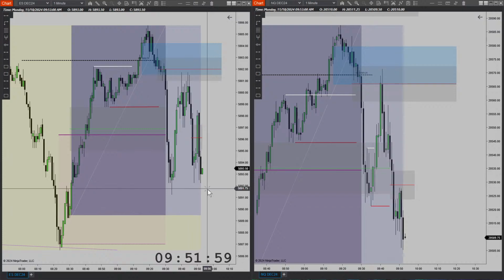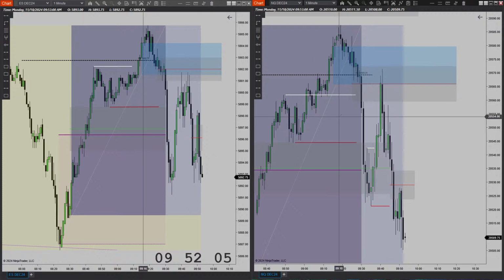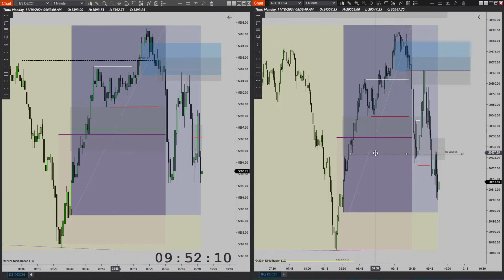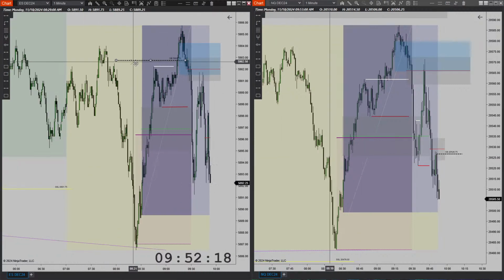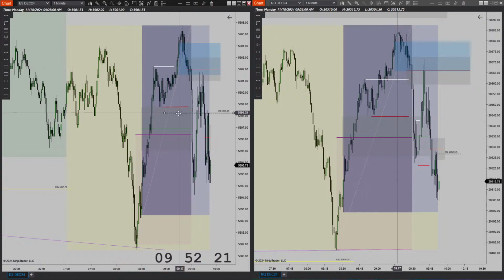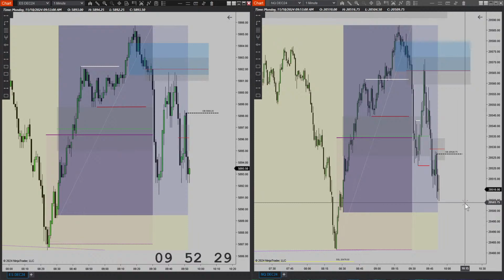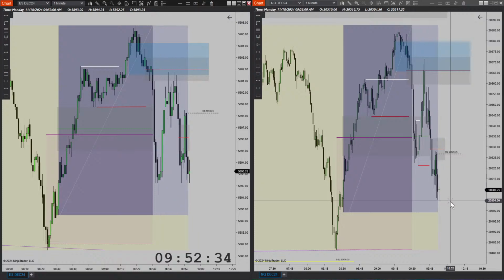Yeah, I'm really glad I got stopped, but still not in the clear just yet, because this could be it. Still SMT at these lows. So we'll see.